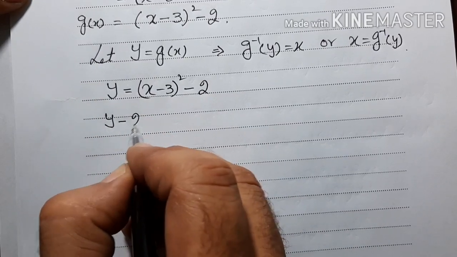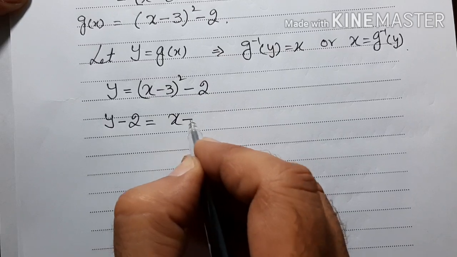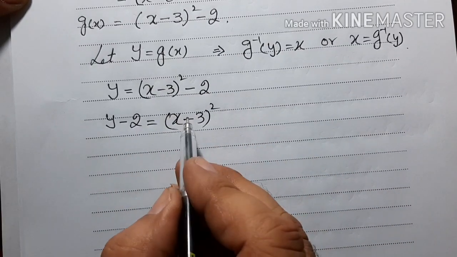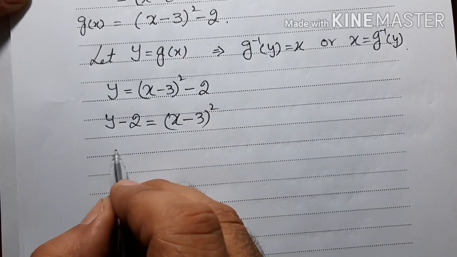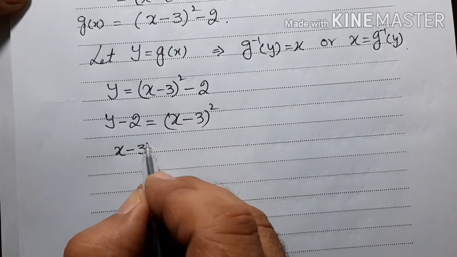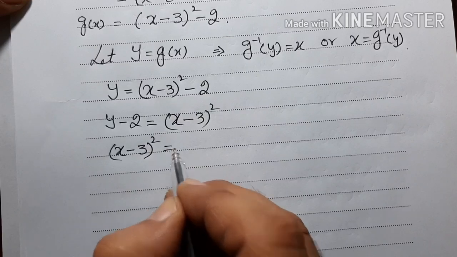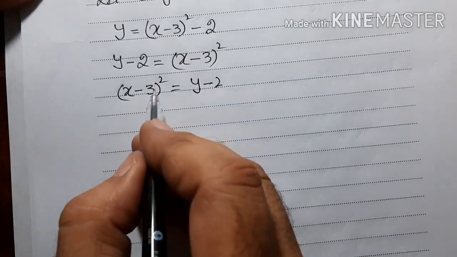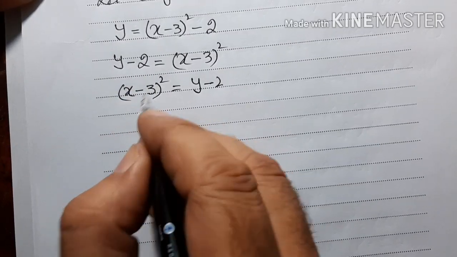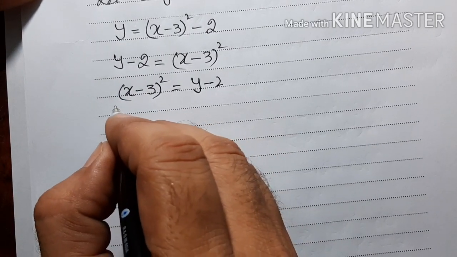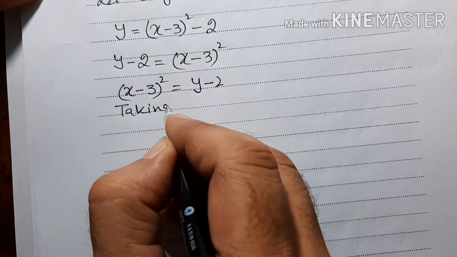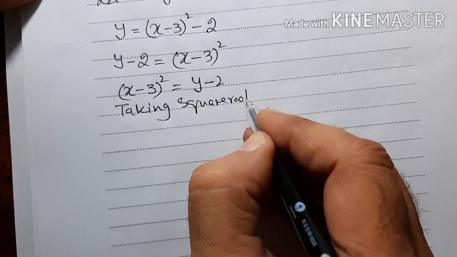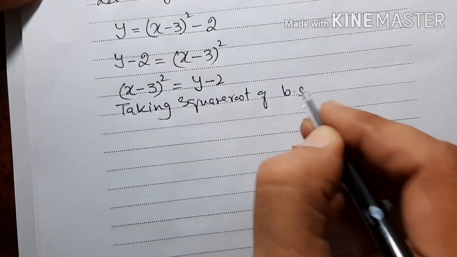So this will become y + 2 is equal to (x − 3)². Now take the square root of both sides.